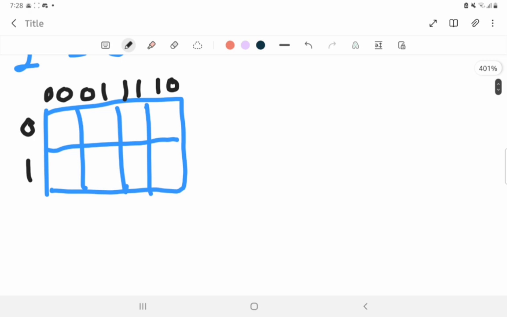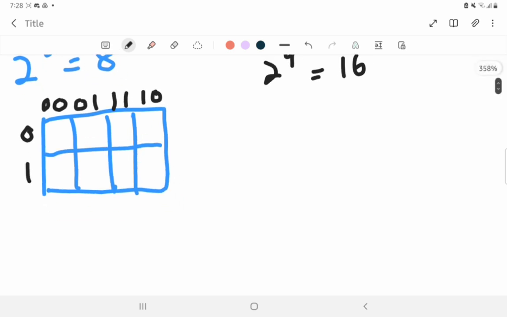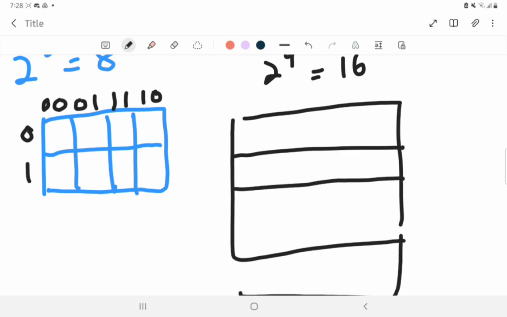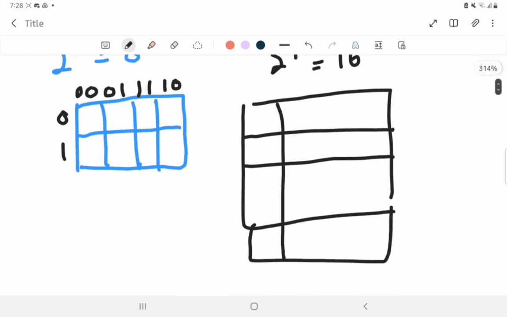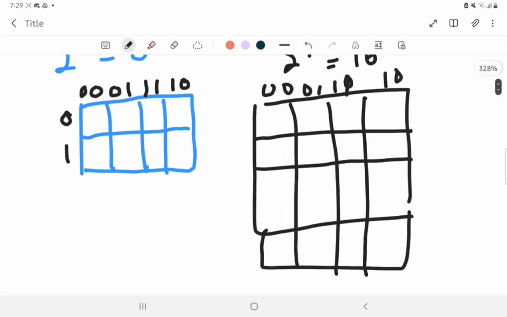Let's say if the variables are A, B, C, D, then we do 2 to the power of 4 equals 16, so we draw 16 boxes. This one is also 0, 0, 0, 1, 1, 1, 1, 0. Okay, this one you must remember, 0, 1 only.